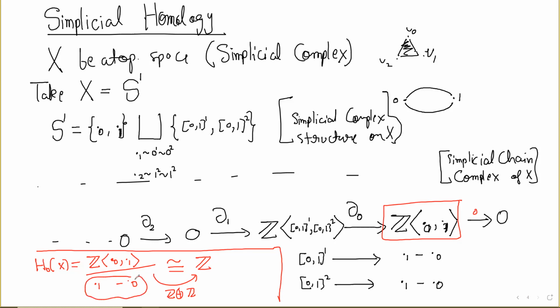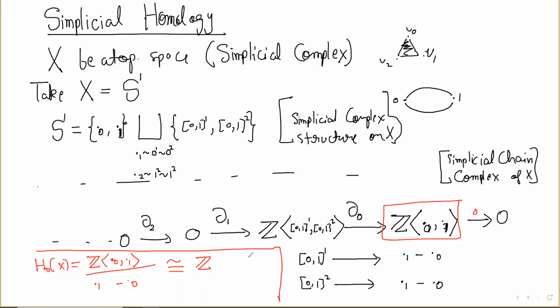And this thing is nothing but 1 comma minus 1, right? So Z direct sum Z is quotiented by 1 comma minus 1, or minus 1 comma 1, whatever, and this will be isomorphic to Z, which you can prove. I'm skipping that, just writing this because that's algebra.